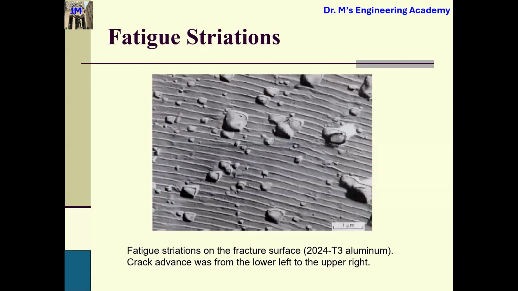Questions so far? No question. So if you are asked, for one cycle, how far this crack advances, you can just measure it, okay? And whenever you see this kind of characteristic, you know this is because of fatigue.